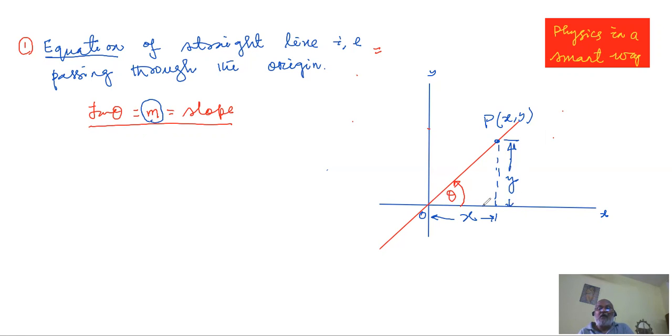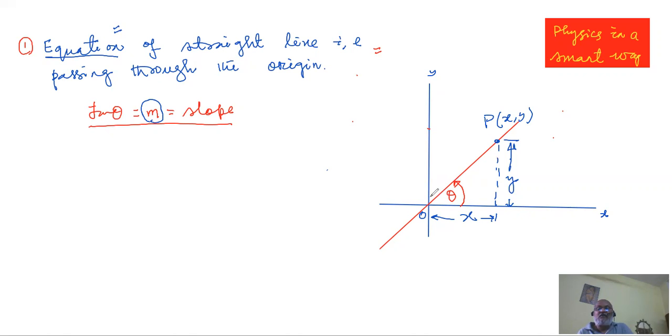And the moment you mark off x and y on the line, we clearly see a right angle triangle. But our basic job is to go for the equation. Equation means the special relationship which exists between the coordinates of the points which find a place on the line. And finding that is very easy.